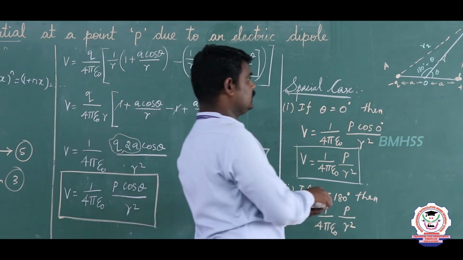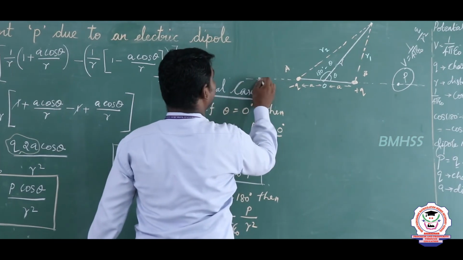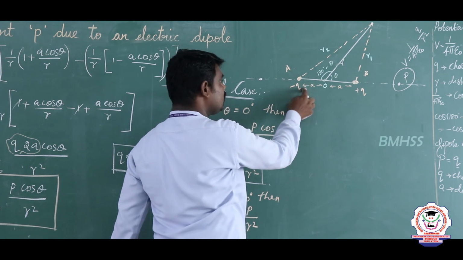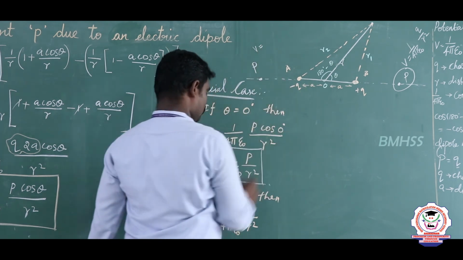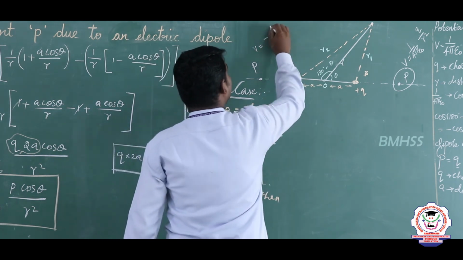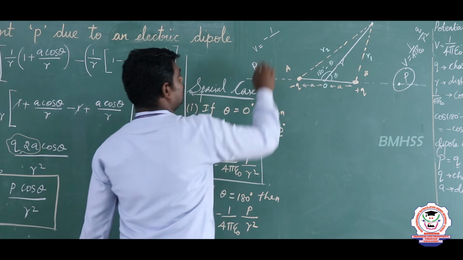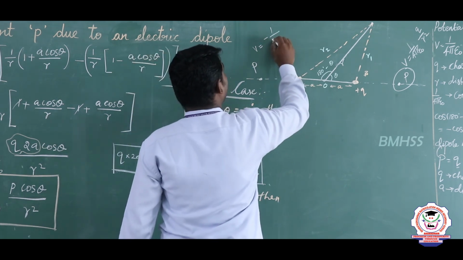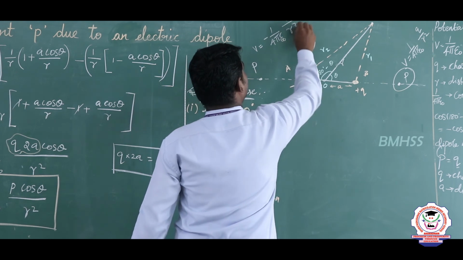If the same point lies on the axial line but near the minus Q charge, the potential is a minimum potential, minus 1 by 4 pi epsilon naught P by r square.